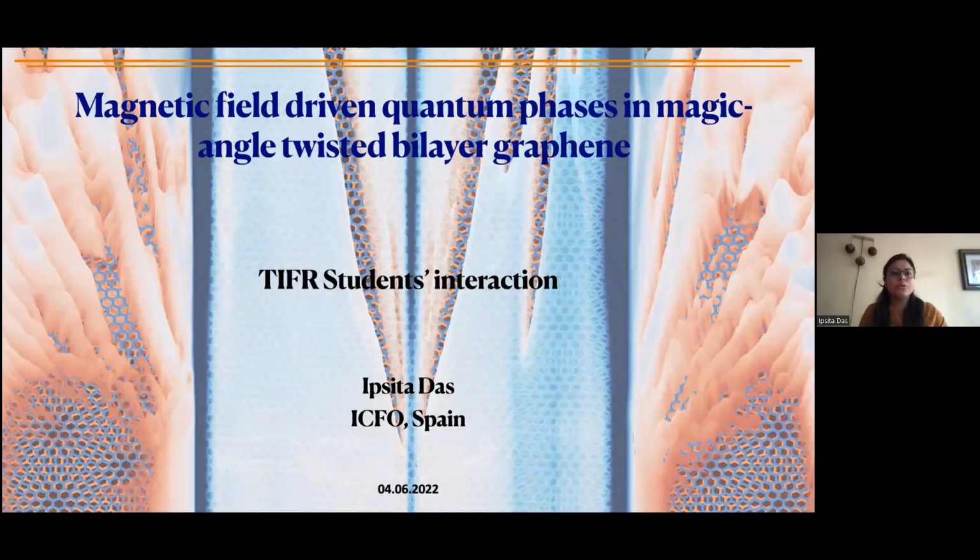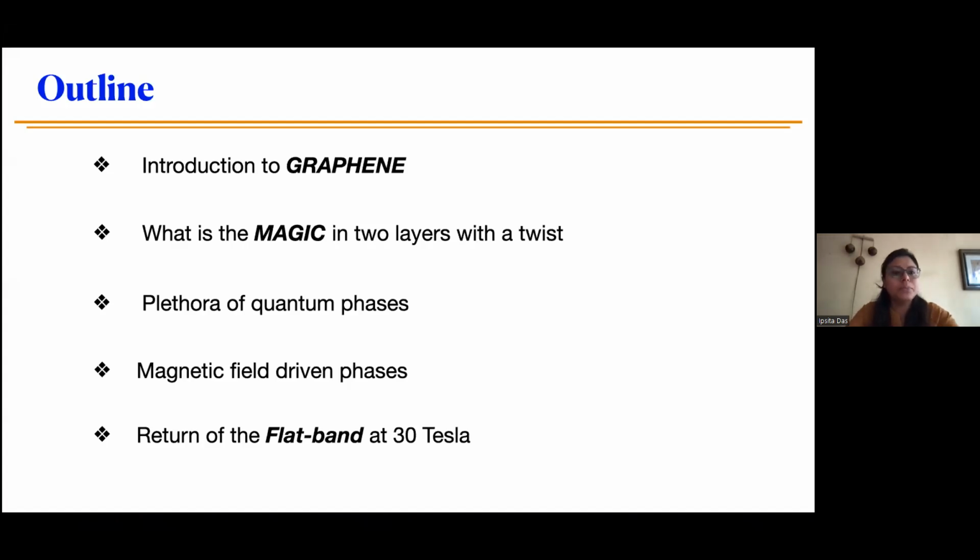So today I'm going to give you a brief introduction of twisted bilayer graphene and some of my results, which are mostly magnetic field driven quantum phases in magic angle twisted bilayer graphene. This should be the brief outline of my talk. I'll give you a very short introduction to graphene and what is the specialty about twisted bilayer graphene and the different quantum phenomena which are emerging from the strong correlation in twisted bilayer graphene.